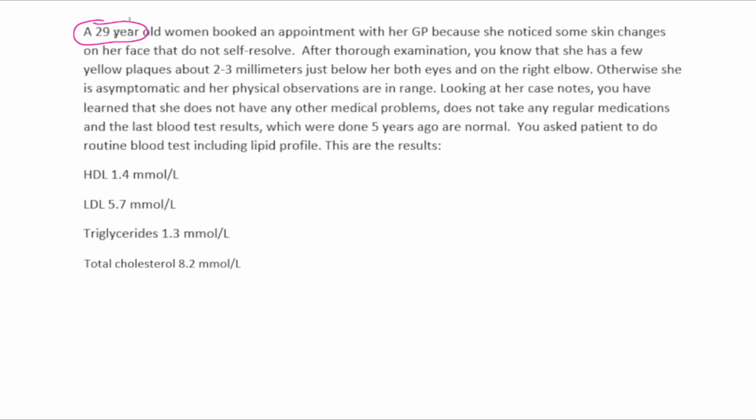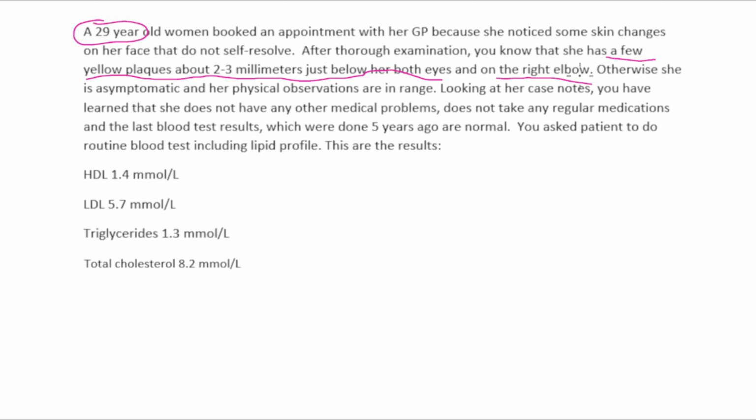Okay, let's see what these changes are. After thorough examination, you note that she has a few yellow plaques, about 2 to 3 millimeters, just below both her eyes and on the right elbow.